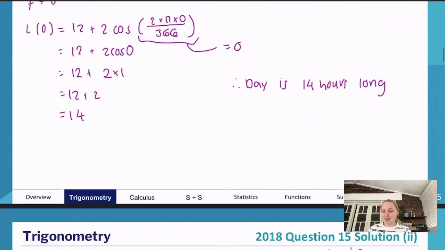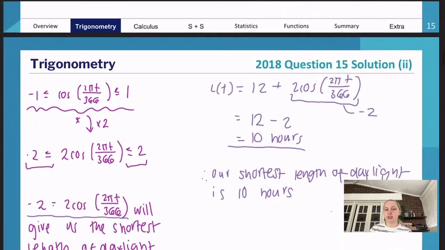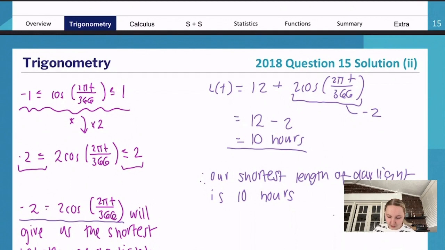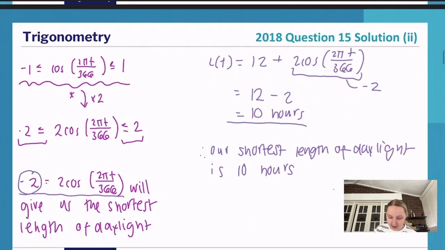I think sometimes people get a little bit confused with these sorts of questions, not realizing that you can sub this in up here, and then all of a sudden they're trying to solve this for t. But we're not finding what day it's going to be the shortest length of daylight. If we were finding what day, then we'd want to solve for t, but we're not.